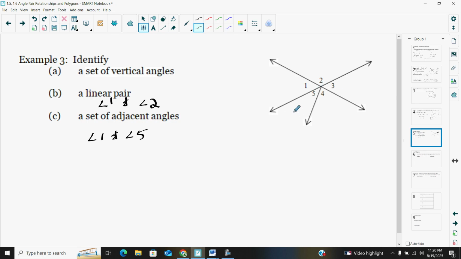And vertical angles mean if I have two intersecting lines, they are right across from each other. In this case, I've got these two intersecting lines.